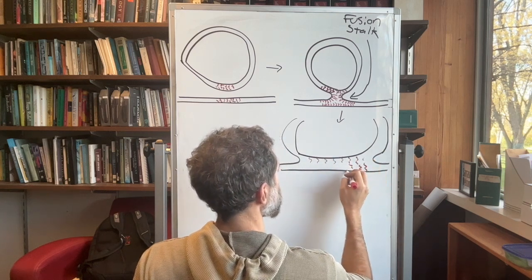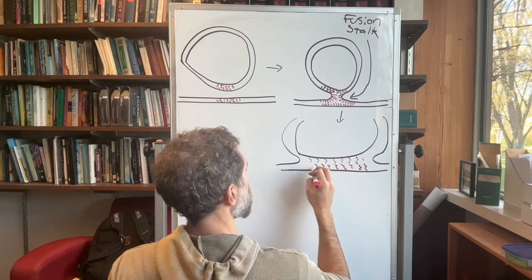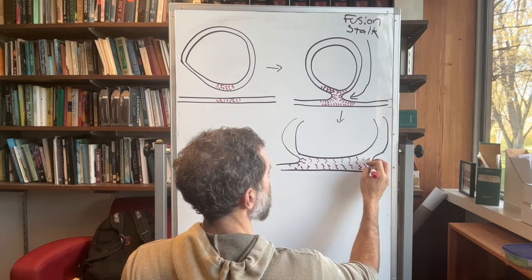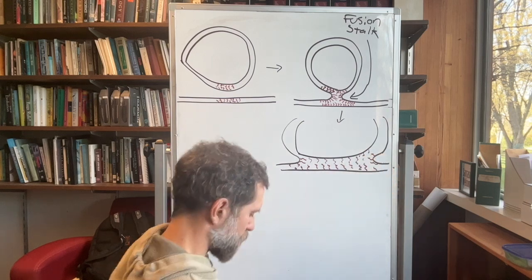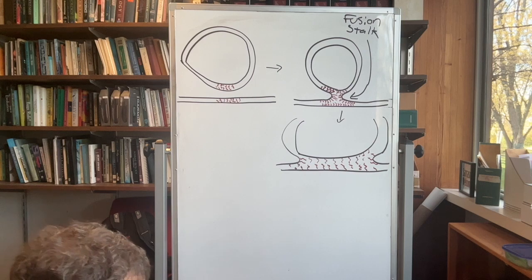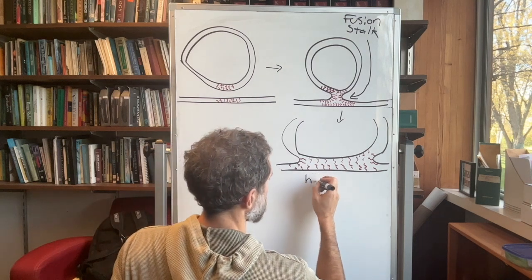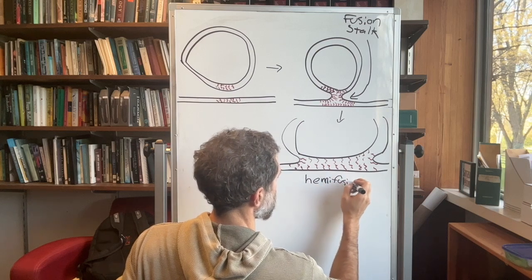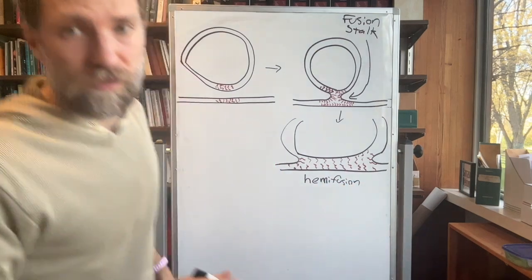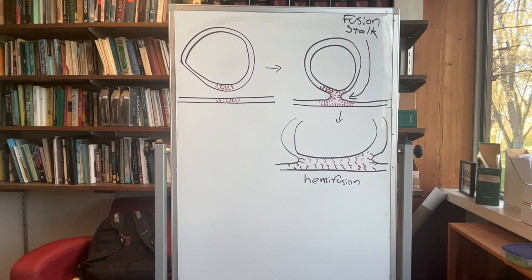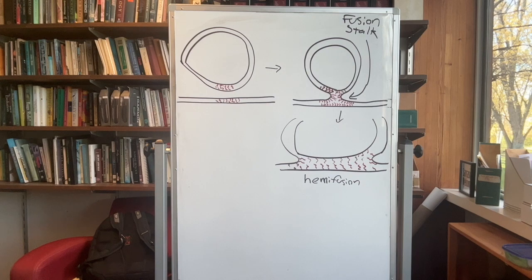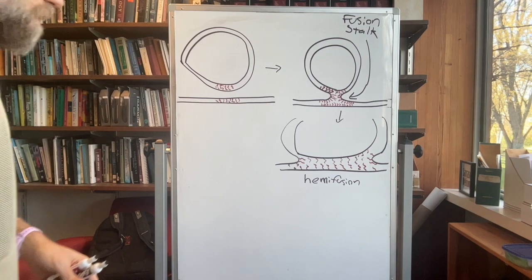And at this stage, when this fusion stalk expands, we call it hemifusion. So it's like a half fusion of the vesicle membrane and the plasma membrane of the presynaptic neuron at the active zone. And so you can see it's not a full fusion yet.